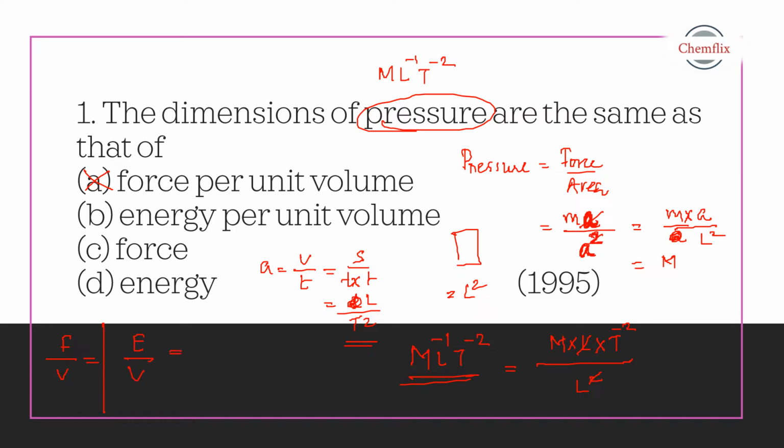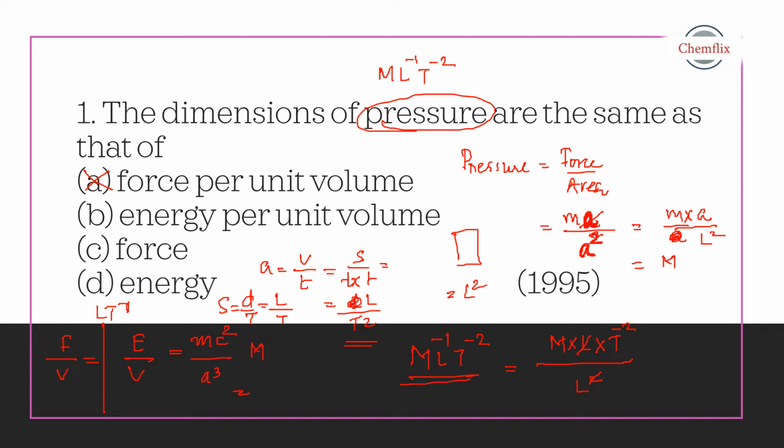Energy is equal to m c square, divided by volume, which is L cube. Here c is the speed of light, and speed is equal to distance by time. Distance is in length L, time is capital T, so L t raised to minus 1 is speed.